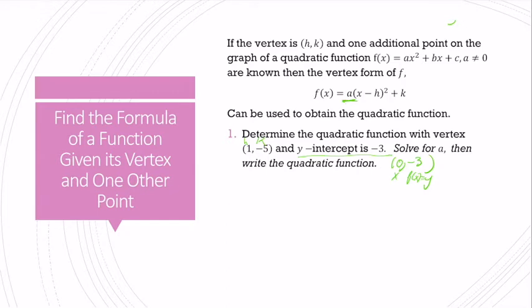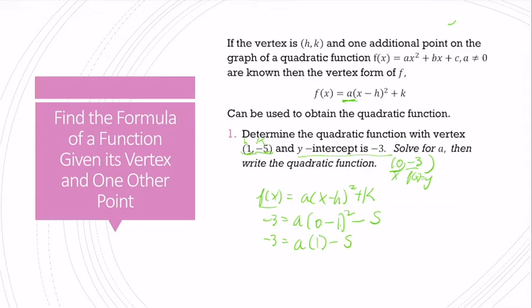All we're going to do is substitute into our equation. So I've got f of x, which is negative 3, equals a times 0 minus 1 squared plus k, which is negative 5. So I have negative 3 equals a times 0 minus 1 is negative 1, squared is 1, minus 5.